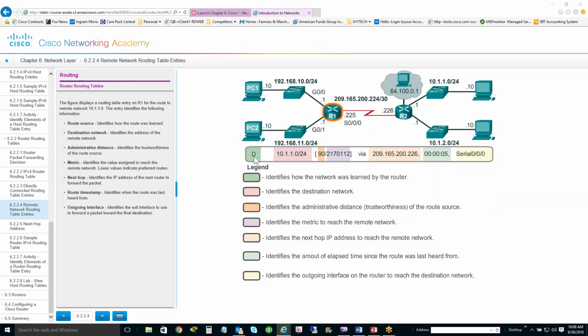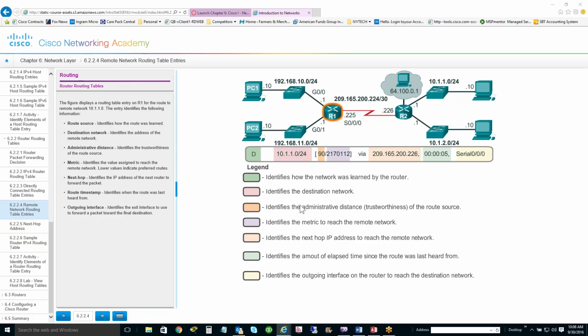As we've already talked about, the D is the source code of how the network learned this particular routing entry. Then there's the destination network, which we've already discussed. And then there's where things get a little different.